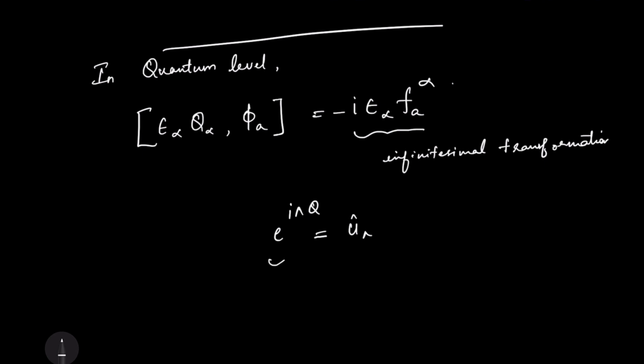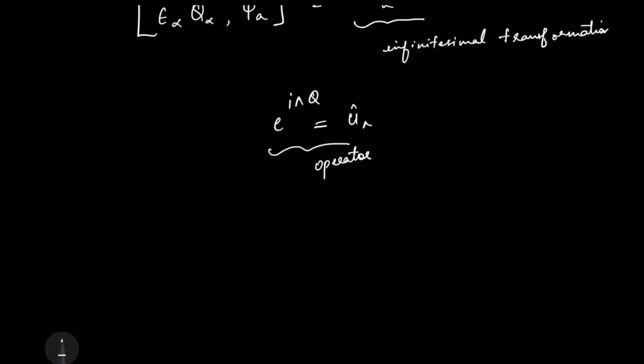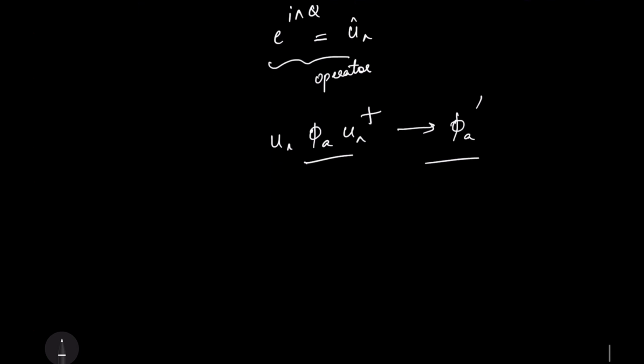So when this operator acts on phi, it generates a finite transformation: U lambda acting on phi a will generate phi a prime. This we will see in the next class. For the time being, we'll stop here because we have some time constraints. In the next class, we will see how to get the finite transformation.